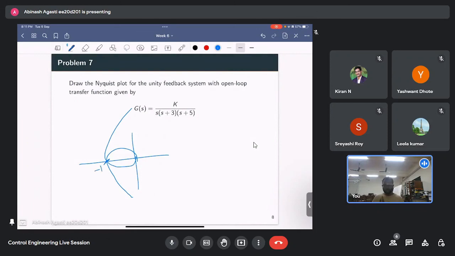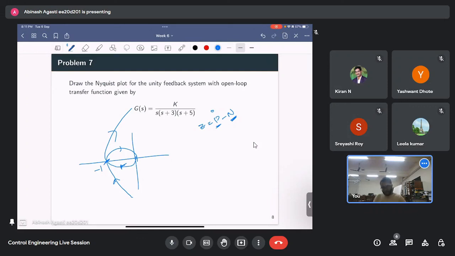Then if it went further forward, you can see that there are encirclements around the minus 1 point. So then you will use Z equal to P minus N, plug everything in, and see how many encirclements there are. We saw that there are no open loop poles in the right half plane, so P is 0. N is the number of counterclockwise encirclements.